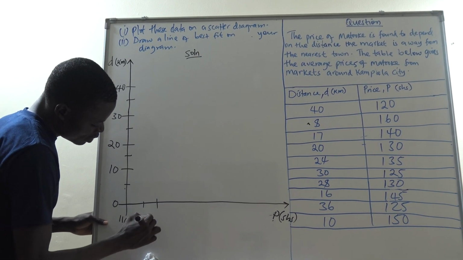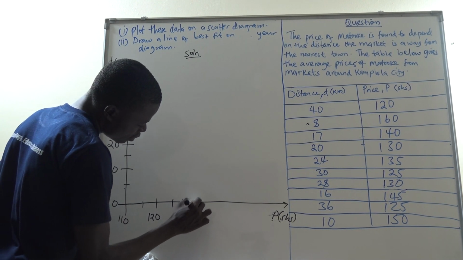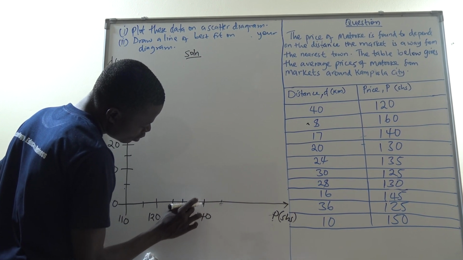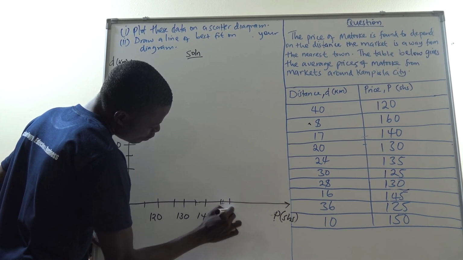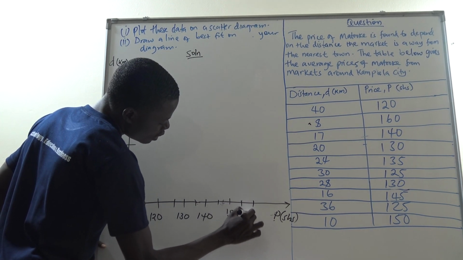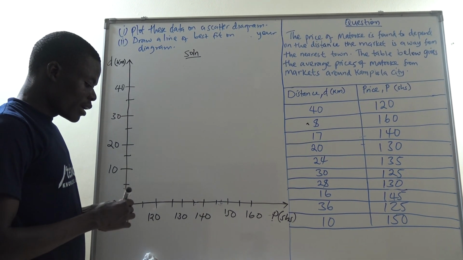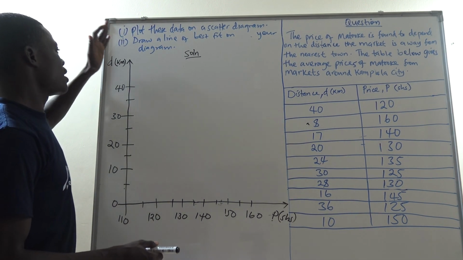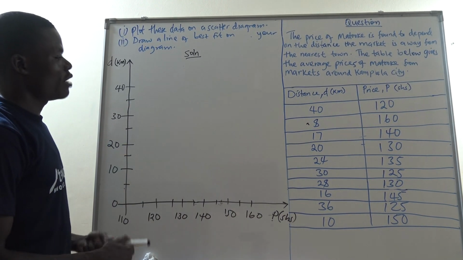Since I'm using 10, 10, this one will become 120, 130, 140, 150, 160. So that is our data set. Now we have the vertical axis, which is distance in kilometers, and the horizontal axis, which is price in shillings. And then we start plotting.